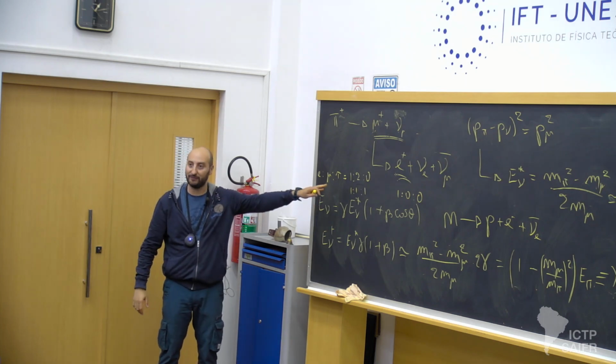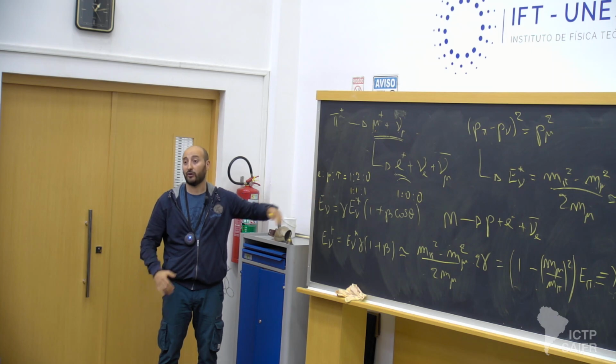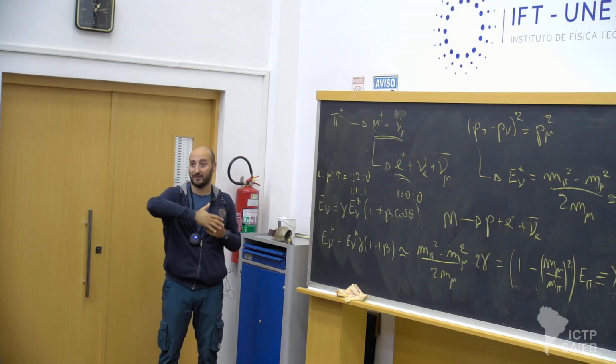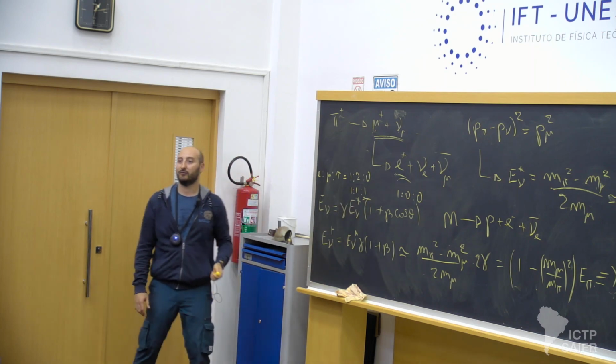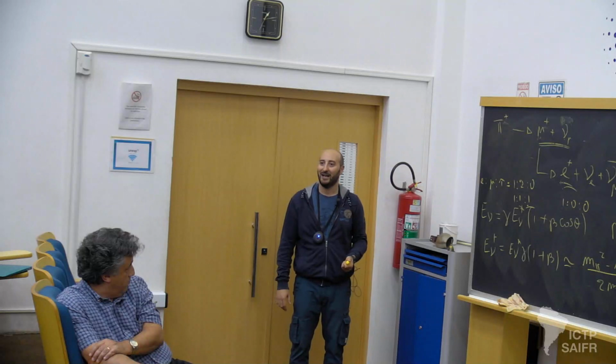So this is a specific case that applies for astrophysical neutrinos that are traveling over very, very long distances. This is the reason, for instance, why you have quite a sizable fraction of tau neutrinos here.